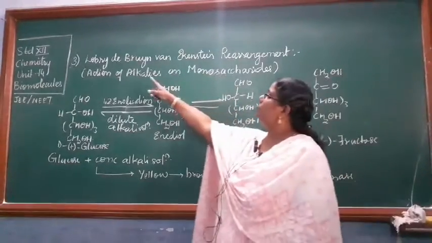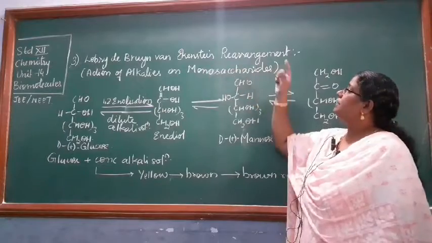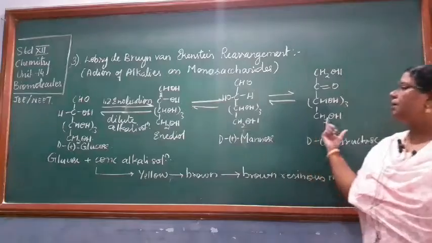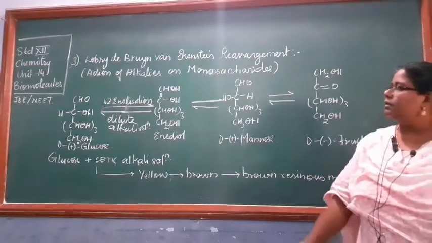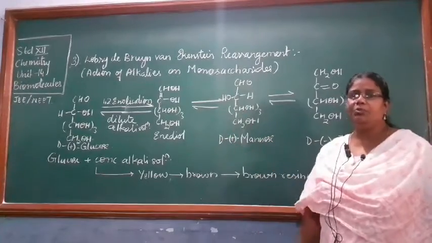Now it is particularly known as the Lobry de Bruyn–van Ekenstein rearrangement. Okay, so there is a rearrangement process taking place in this particular reaction. 1,2 enolization actually means a rearrangement occurrence.